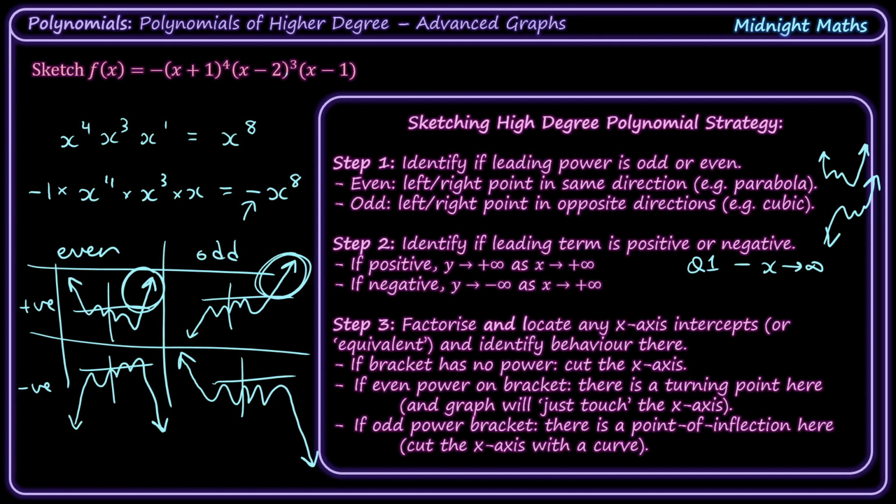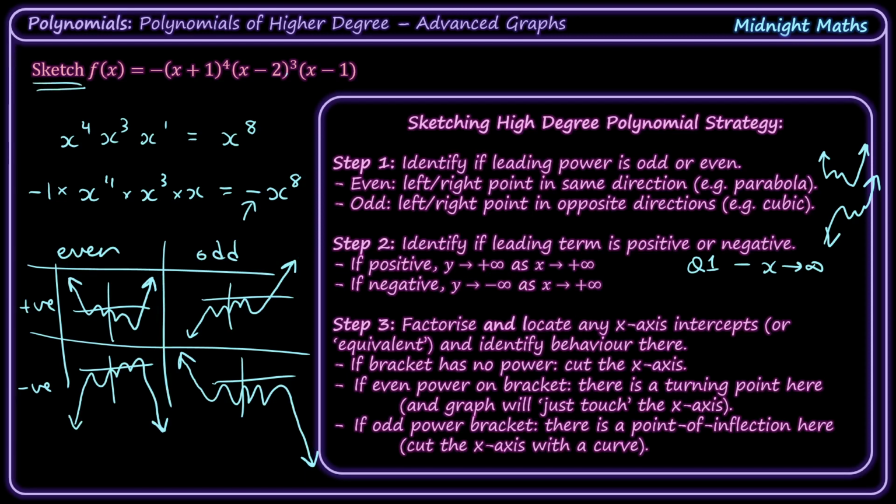Then for the negative one, it's opposite. In that last quadrant, x is still going towards infinity, but now y is going down. You can see that y is heading towards negative infinity in those examples. So that's what step 2 is telling you, but essentially in step 2, you should be picturing something similar to these graphs that I've drawn here, and just selecting which of these options we're drawing.